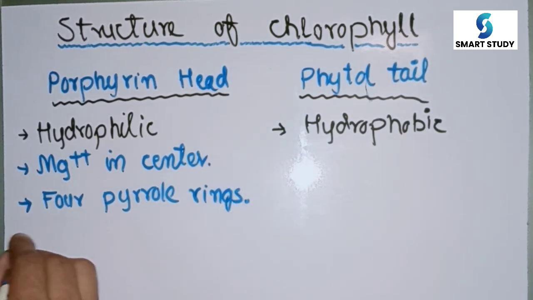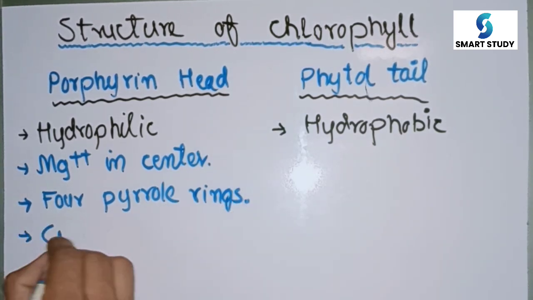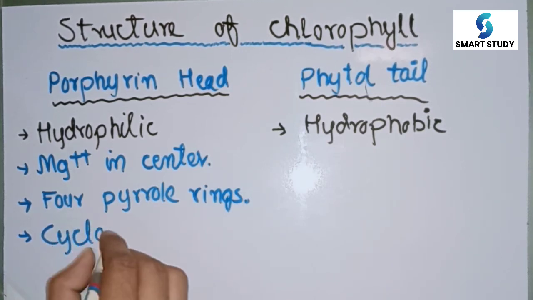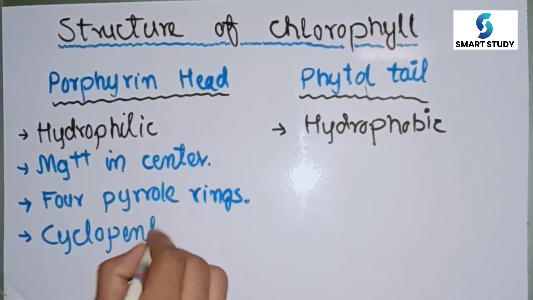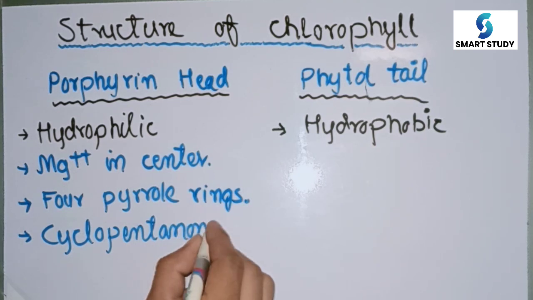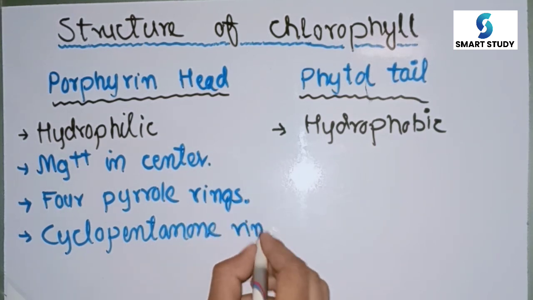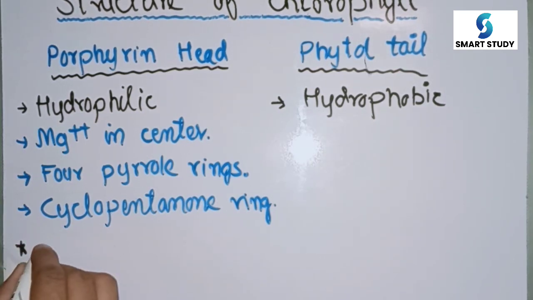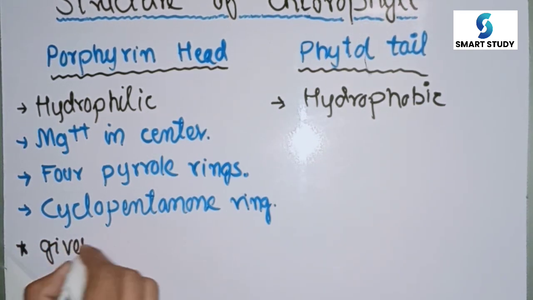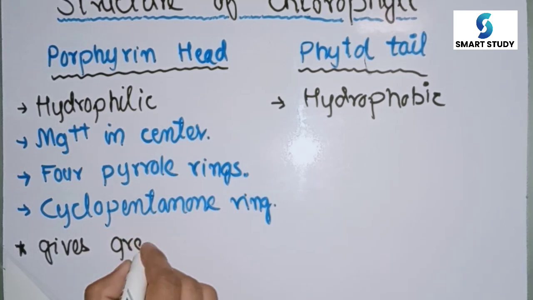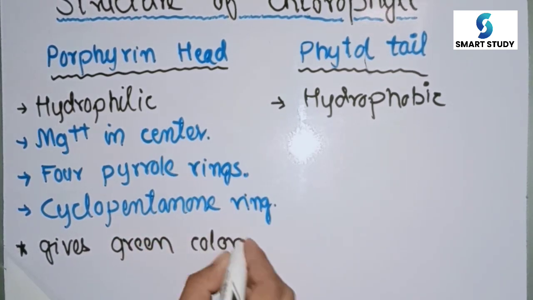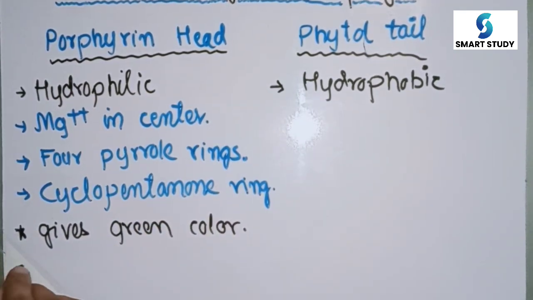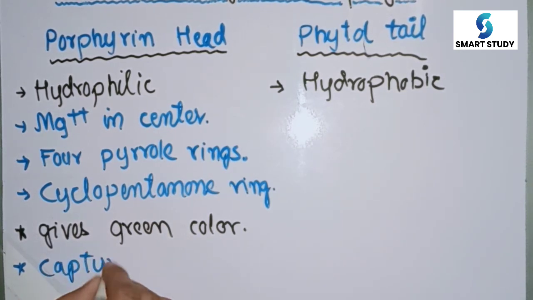The head also contains another ring which is known as the cyclopentanone ring. This is the head portion which gives green color to the pigment. The function of the head is to capture light and initiate the process of photosynthesis.